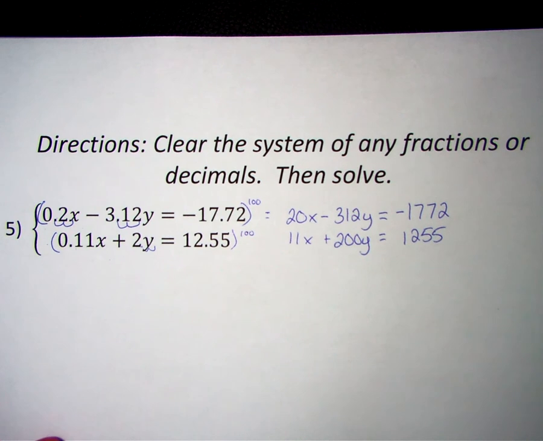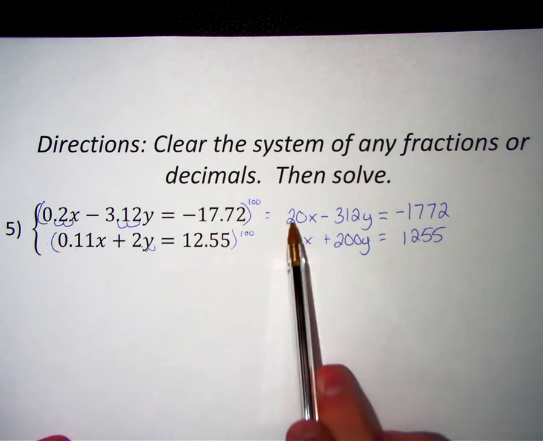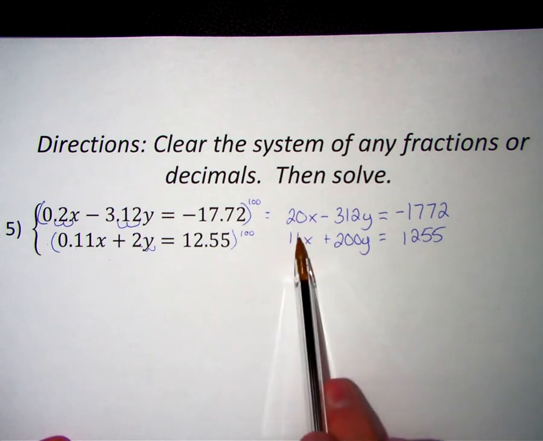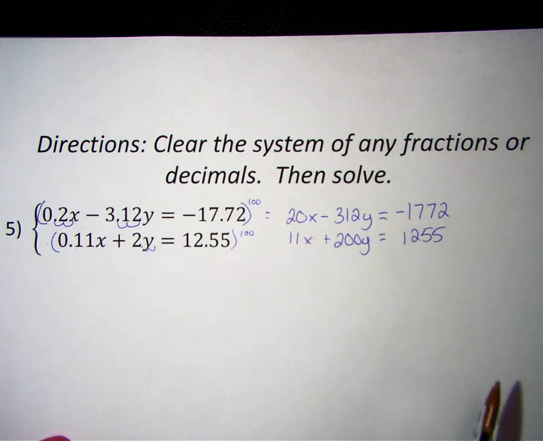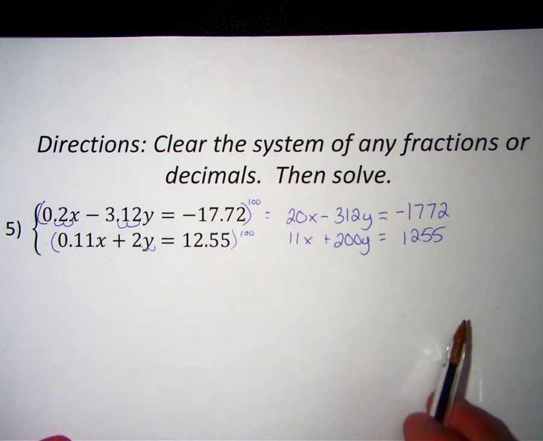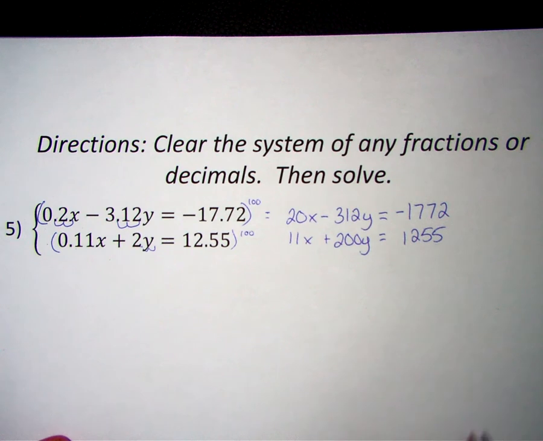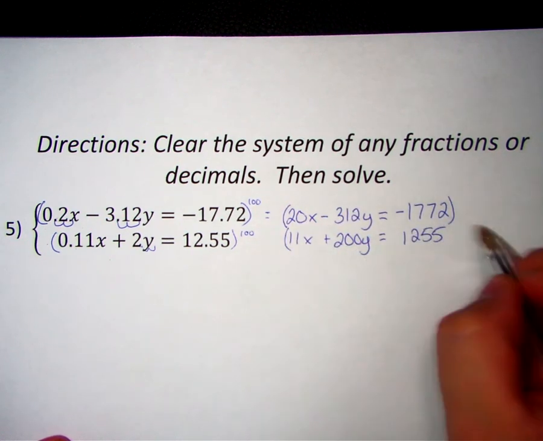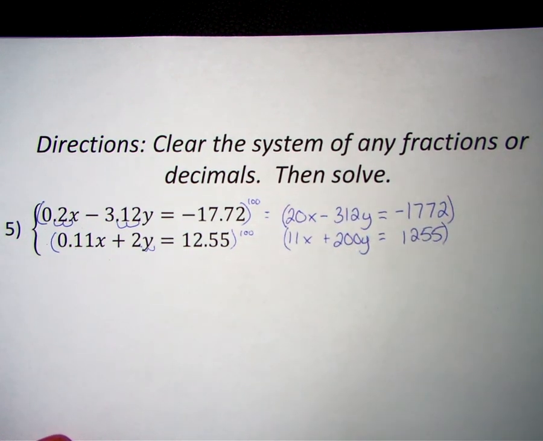Now here's where we start to get into larger numbers. Remember when we were talking about using the elimination method? It involved us having a common coefficient. Well, we don't have a common coefficient at this point, which means we've got to multiply again by a value that's going to give us a common leading coefficient. So if I have the values 20 and 11, the only thing that's going to work for me is multiplying each equation by the opposite value.